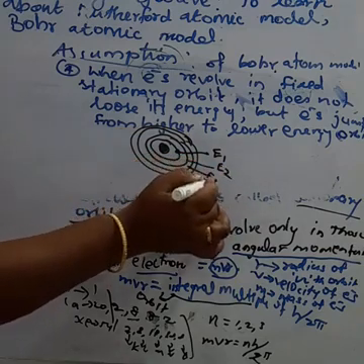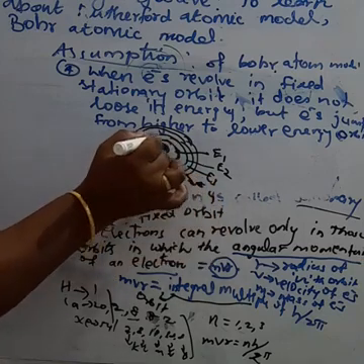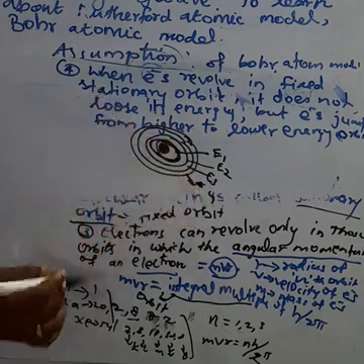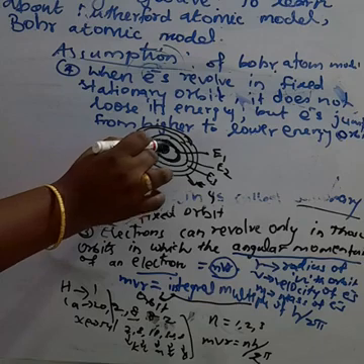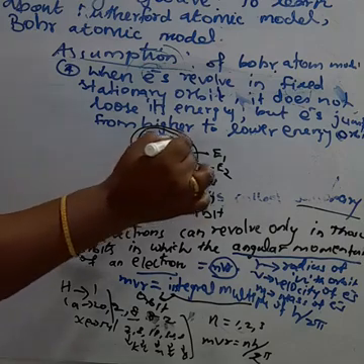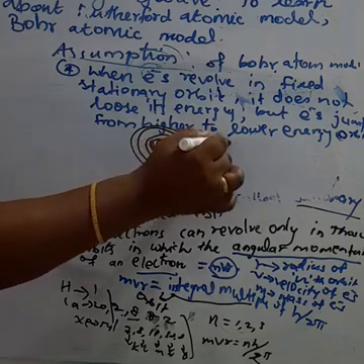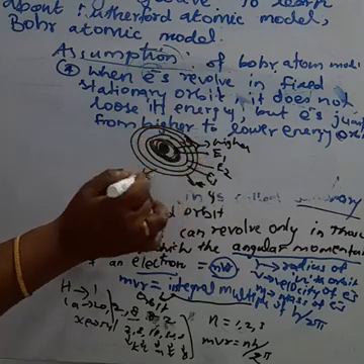When electrons revolve very close to the nucleus, that is called a lower energy orbit. Far away from the nucleus is the higher energy level.